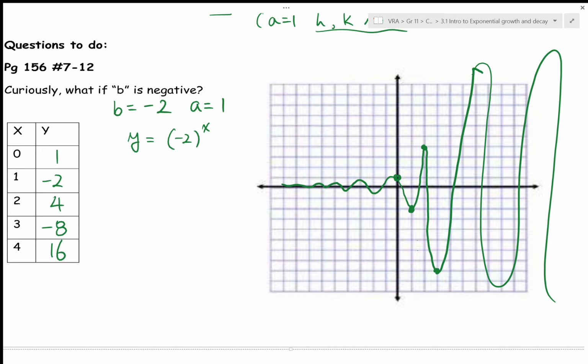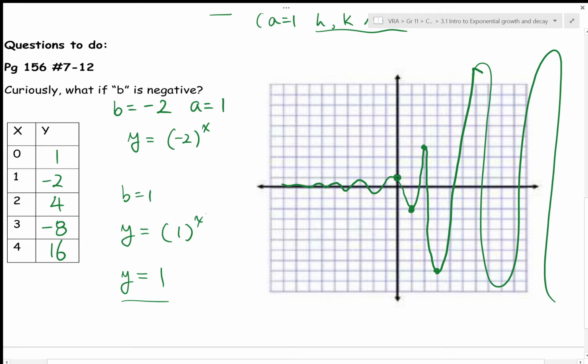Are we okay? Now, some of you may ask what's happening when b equals 1? It is y equals 1 to the power of x. 1 to the power of anything, 1 squared, 1 to the power of 4, 10, 100, those are all 1. It doesn't change, so it's a straight line at y equals 1. This, again, is not an exponential function either.